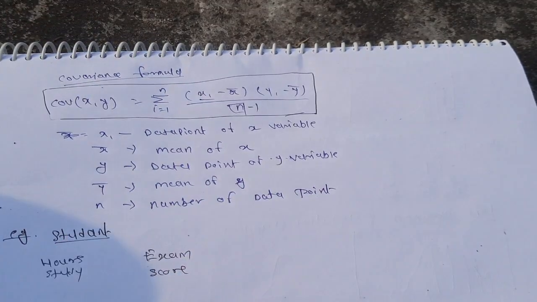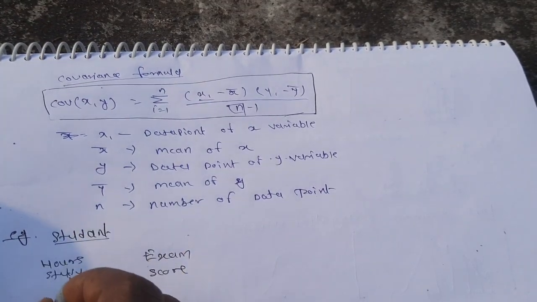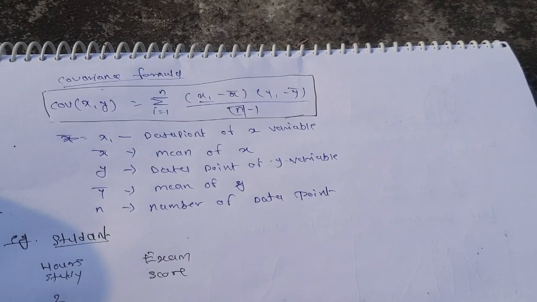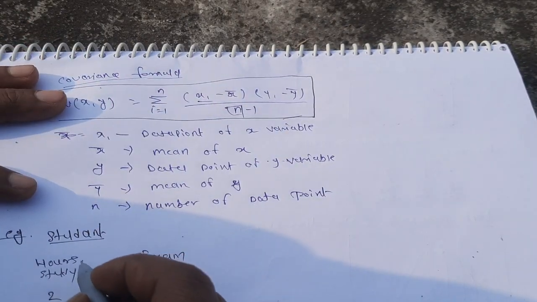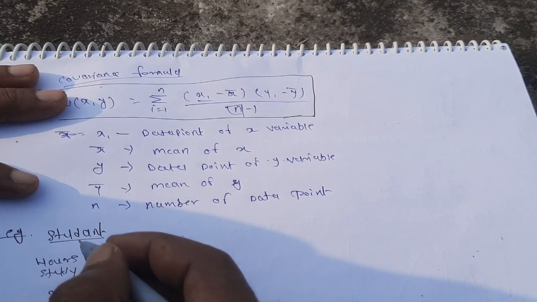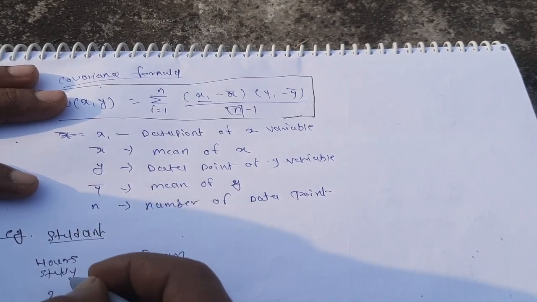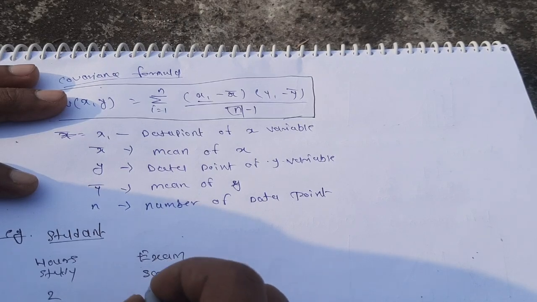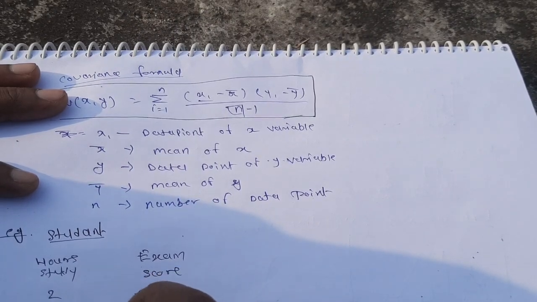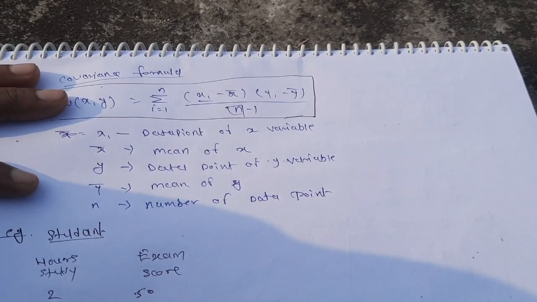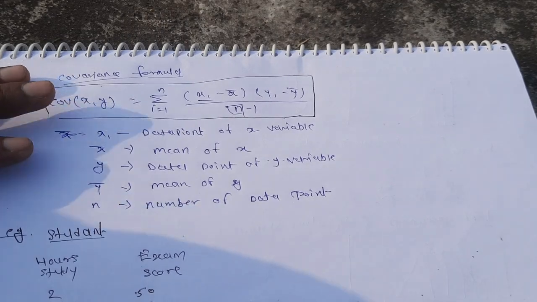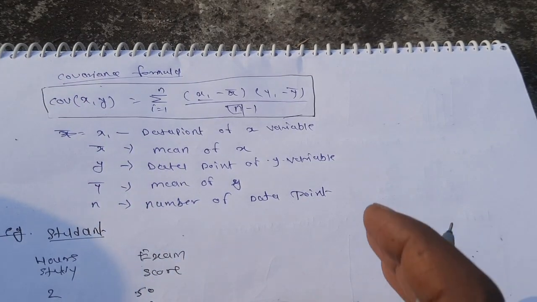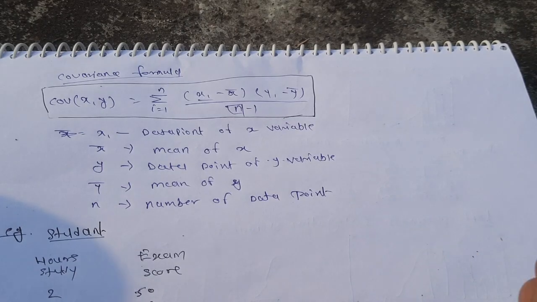This is your data: study hours are 2, 3, 4, 5, and 6 for different students, and exam scores are 50, 60, 70, 80, and 90. We will find out whether the covariance is positive or negative.